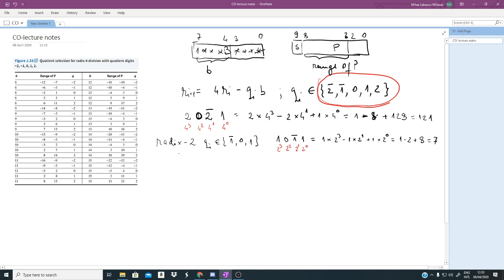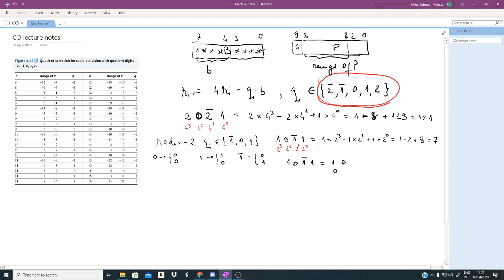Right? So the encoding for radix 2 goes like this. 0 is 0 up, 0 down. 1 is 1 up, 0 down. Minus 1 is 0 up, 1 down. Okay? And so 1, 0, 1, minus 1, 1 is encoded as: for 1, we have 1 up, 0 down.